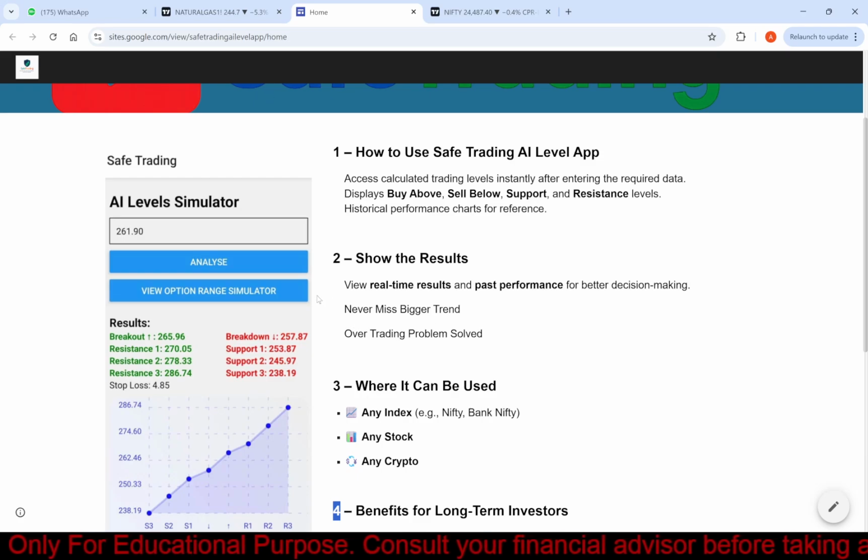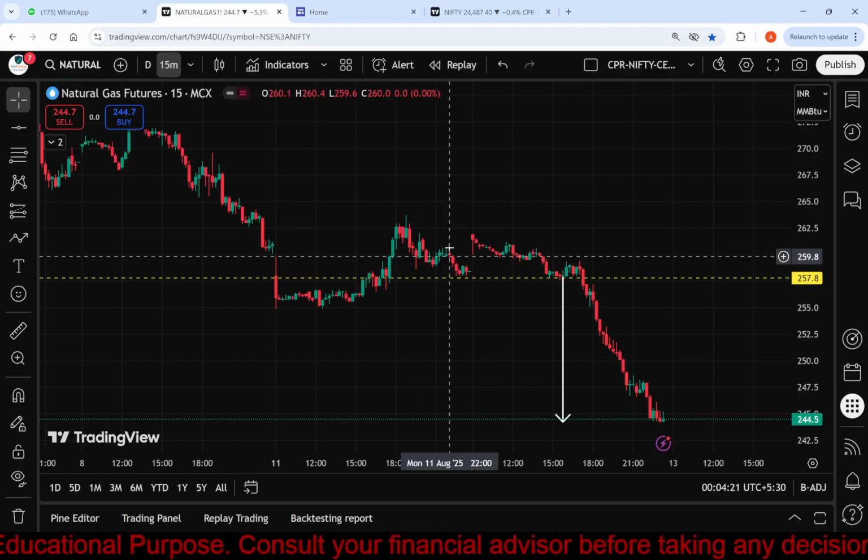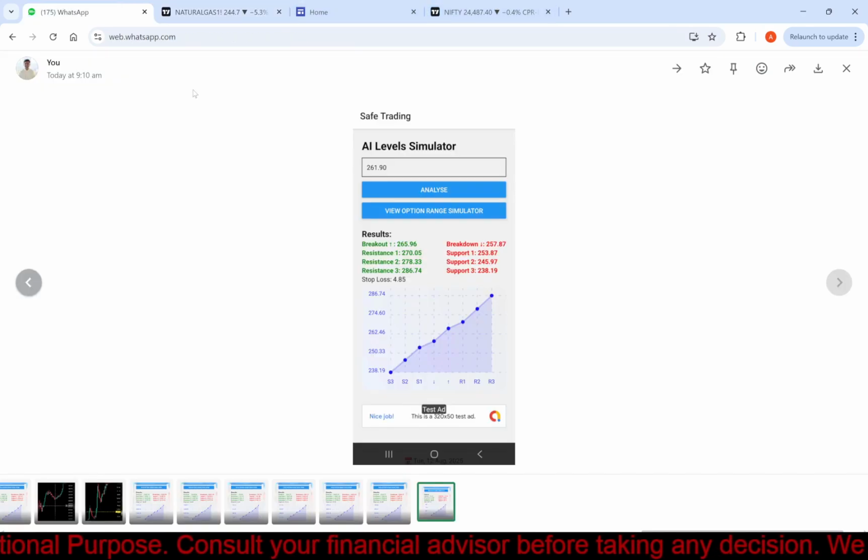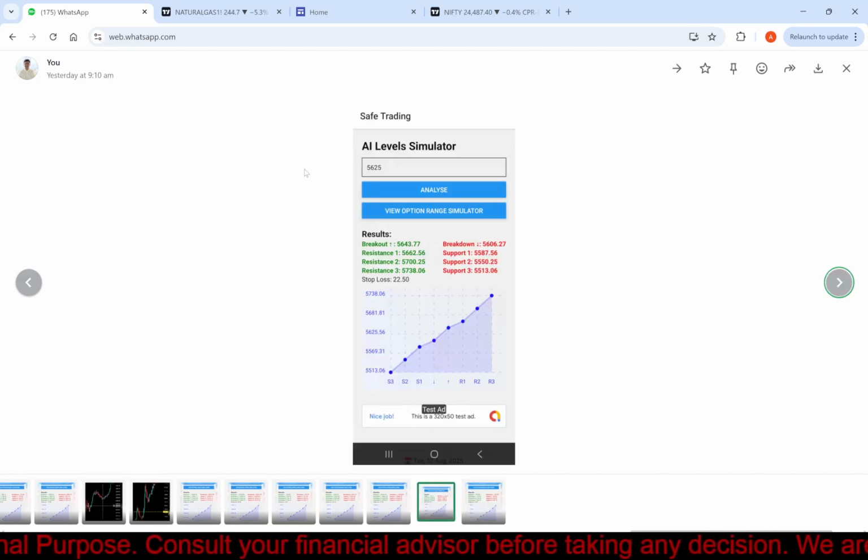Now let's go over more charts so that you can build up your confidence. Another example is crude oil, also from today.